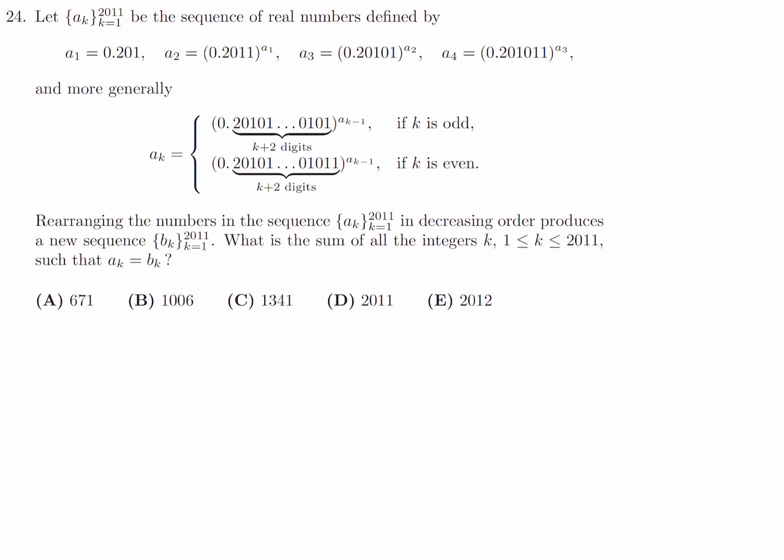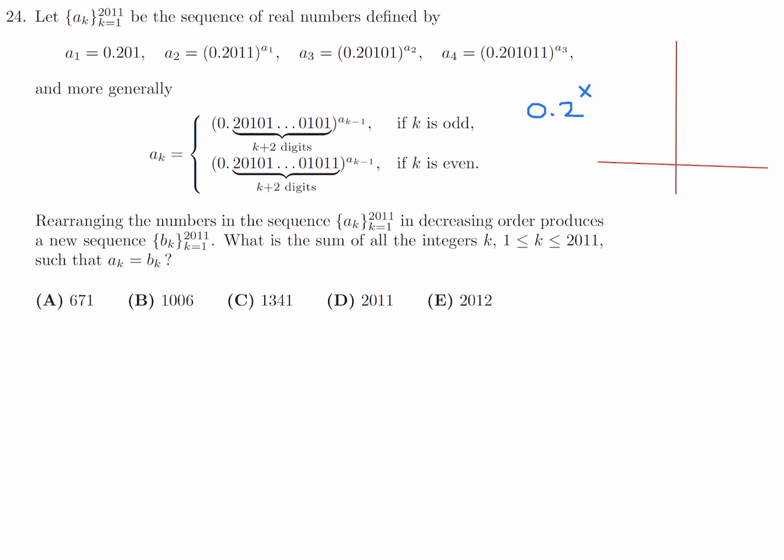So the first thing I want to explain is that these numbers are all very similar. They're all approximately 0.2. So if you have 0.2 to the power of something, right? How does that behave in terms of a graph? Well, we can draw a quick sketch.